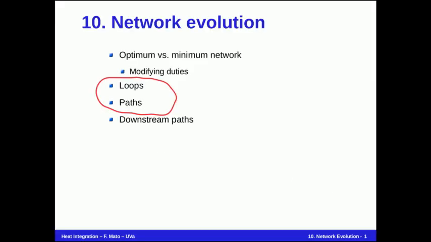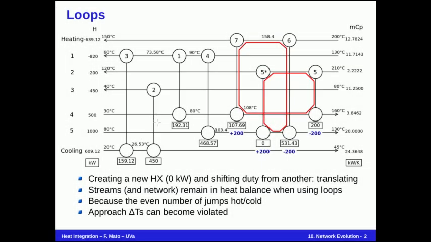Hi all, in this second lesson of the unit we're going to talk about the tools to modify networks: loops and paths. Loops are closed sets of connections along streams or across heat exchangers.